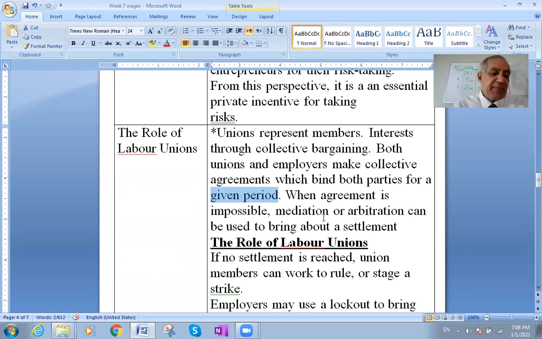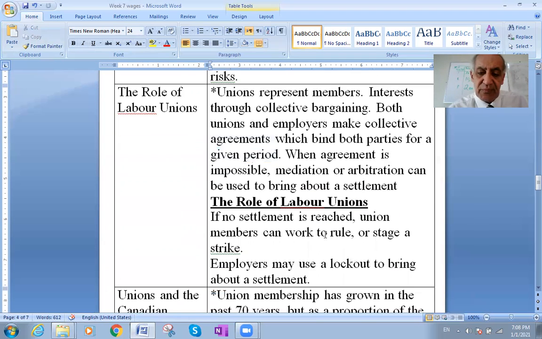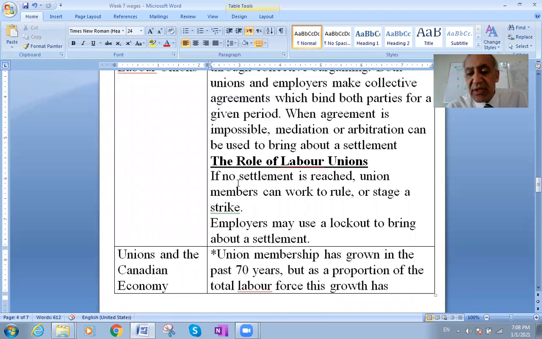Mediating means in the middle. So I put this guy, or this union, just to fix the problem. When agreement is impossible, mediation or arbitration can be used to bring about the settlement. So this is the role of the labor union.